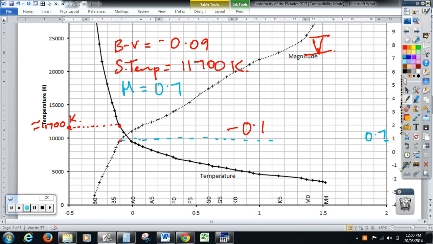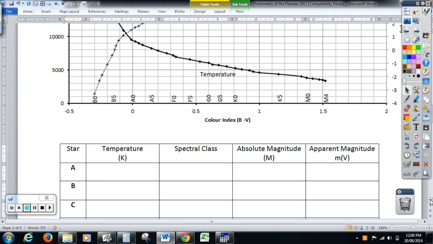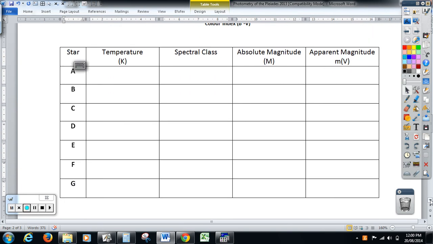Okay, so going down one more time, let's navigate our way around this piece of paper. For star A, we can write in that the temperature was 11,700.